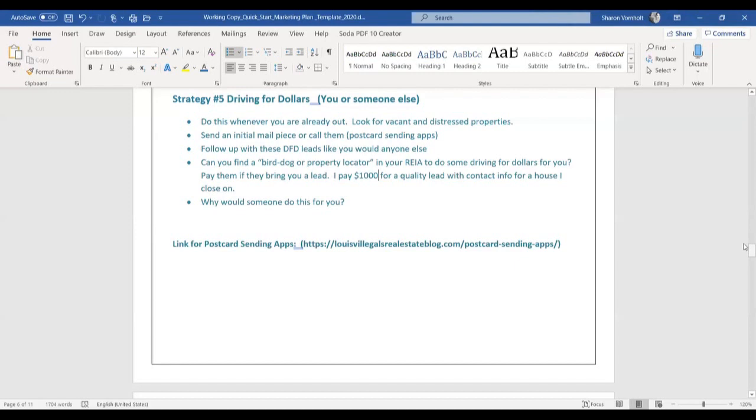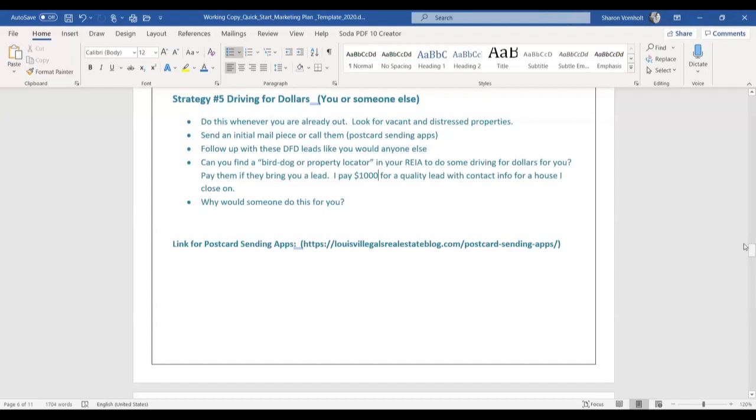They're not going to do this for you if they're not compensated. But if they could find you, let's say they found you one house a month and they made an extra $12,000 a year and you got an extra 12 houses a year, what would that look like in your business?